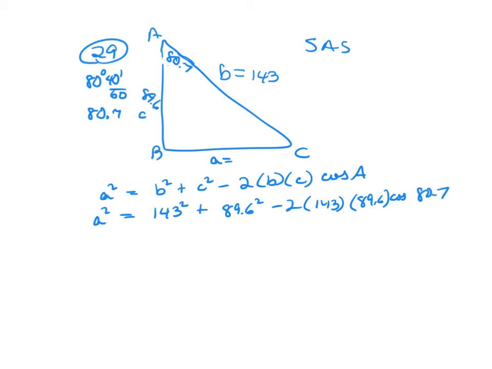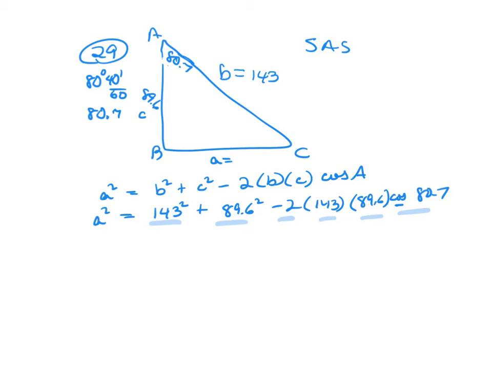A common mistake students make is forgetting they're doing law of cosines and not law of sines, and they might write sine here. Just be careful: the formula involves cosine, not sine. I could just key this all into my calculator.